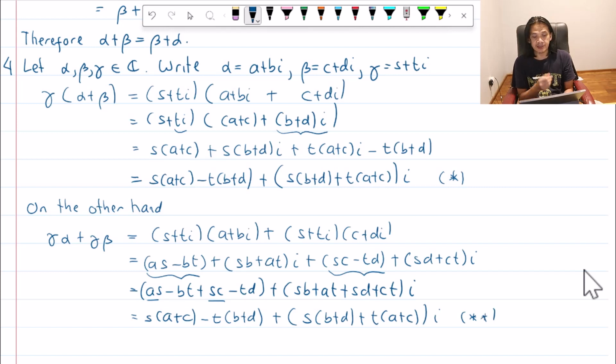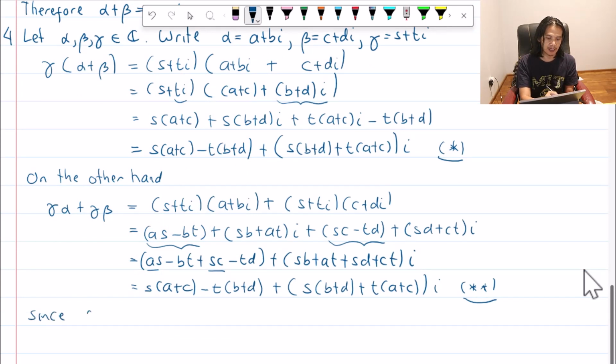Okay, and then we can say that since this guy and that guy are exactly the same, therefore we have the distributive property of complex numbers.